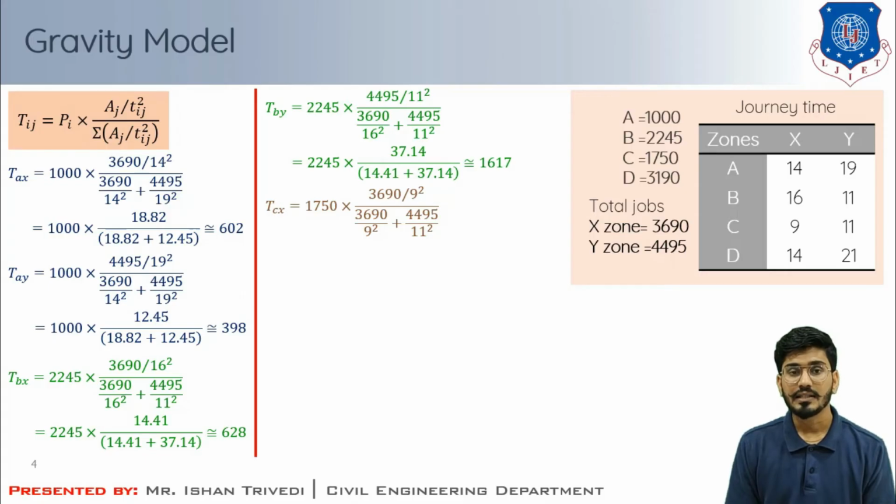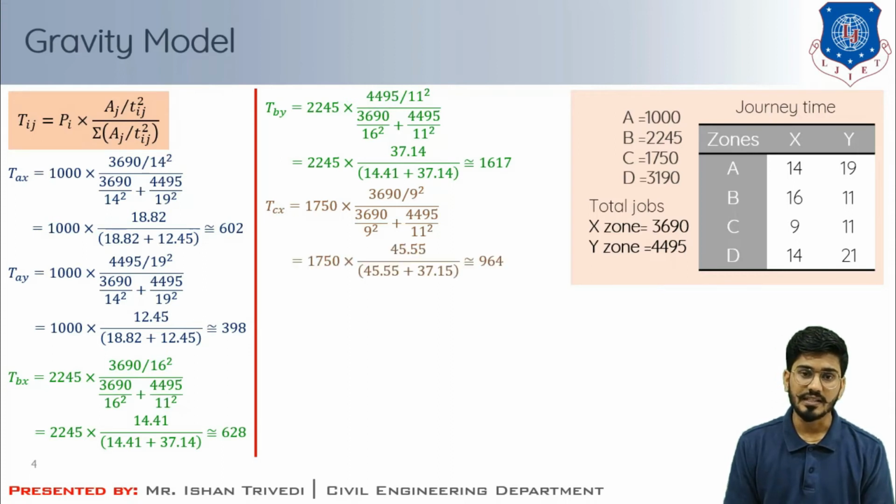So Pi, that is 1750, into the total jobs that we have, the desired value, that is 3690, upon the journey time for X zone squared, that is 3690 upon 9 squared, plus 4495 upon 11 squared. By simplifying this, I'll get the answer, that is 964.